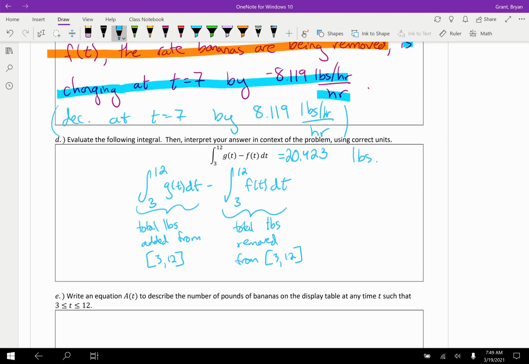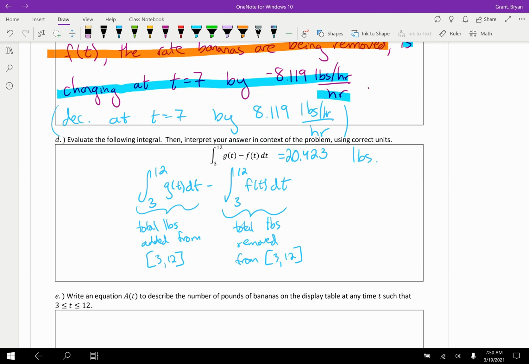This is going to tell us from 3 to 12 how different the number of pounds of bananas are on the table from 3 to 12. So because we got a positive amount, what that's telling us is when the store closes at a time of 12, there are 20.423 more pounds of bananas on the table than there were at a time of 3. All right. Should have written that out. Either way, you got it.